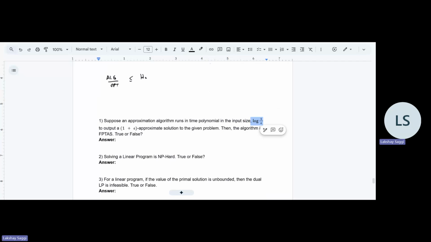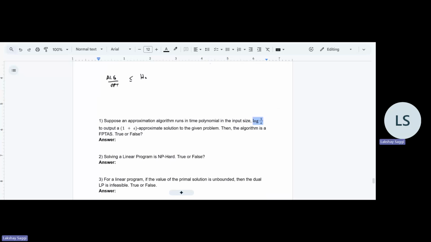But this is not actually true, because log of 1 over epsilon is anyway smaller than 1 over epsilon. So this complexity is anyway lower than the polynomial complexity of 1 over epsilon. In fact, this is even a faster algorithm than any other FPTAS.